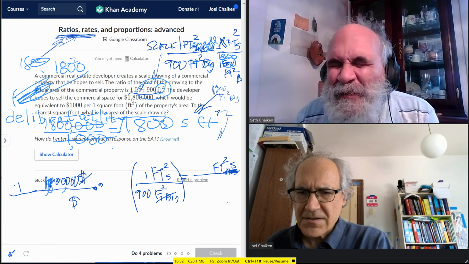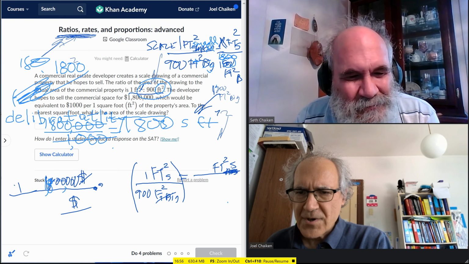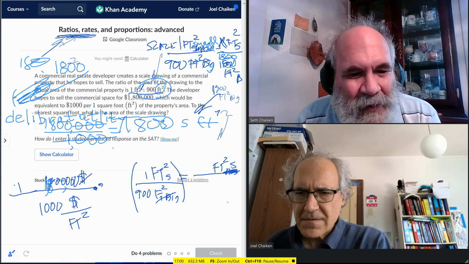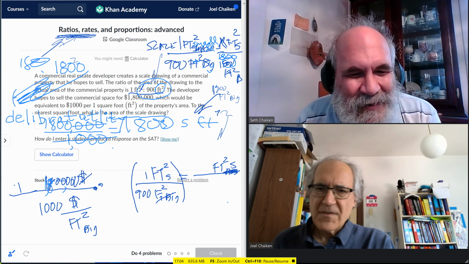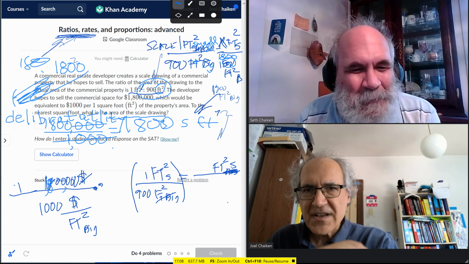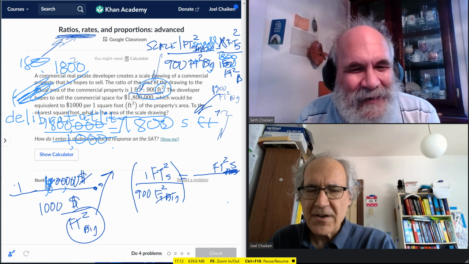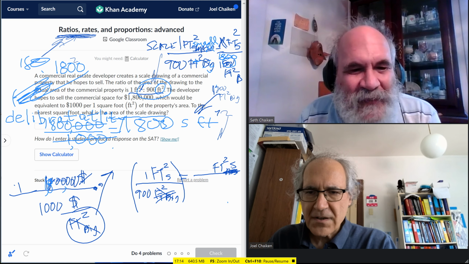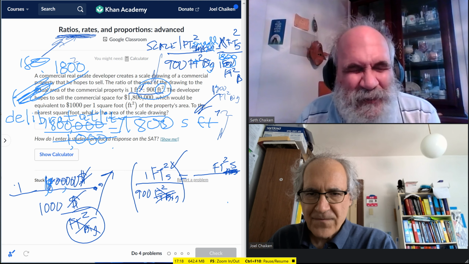So this is dollars per foot squared, and this is 1,800,000. This is big. So then what happens is after you do the complex fraction thing, this feet squared big becomes the numerator, and then it crosses out with this one, and you're left with dollars, and then you're left with feet squared small.